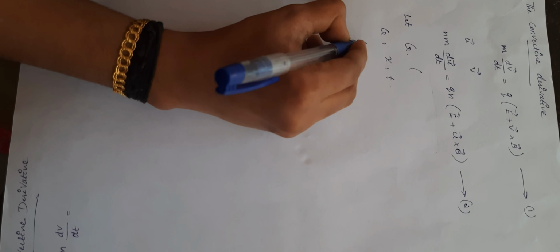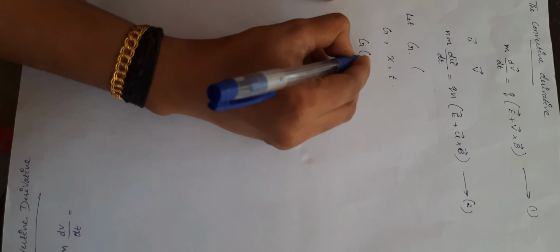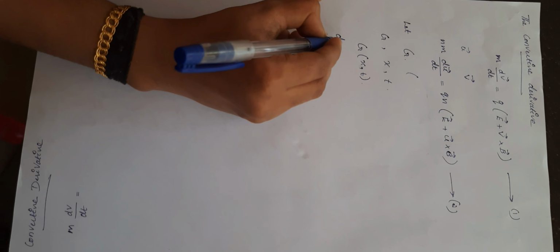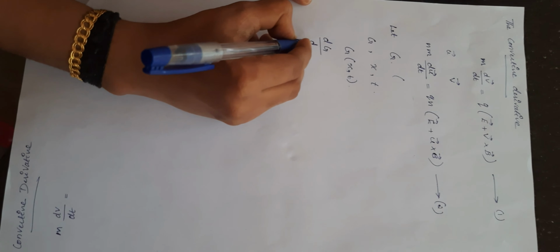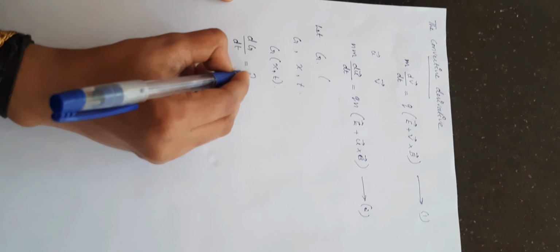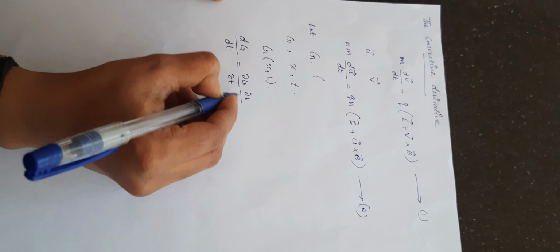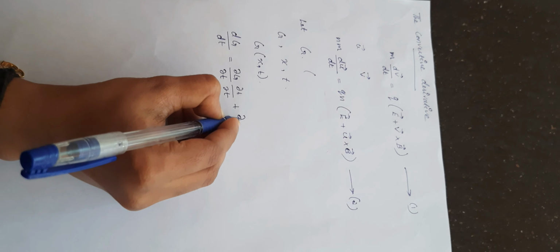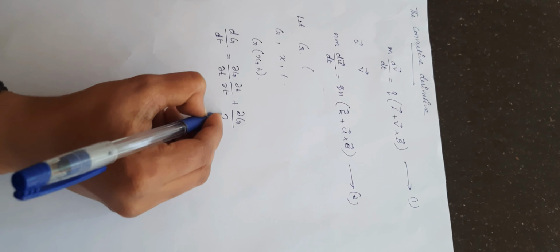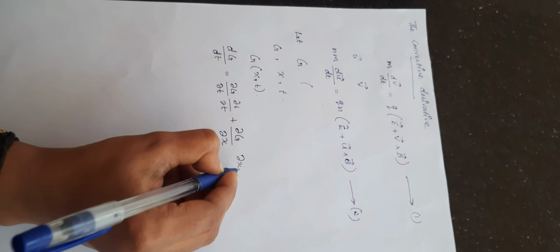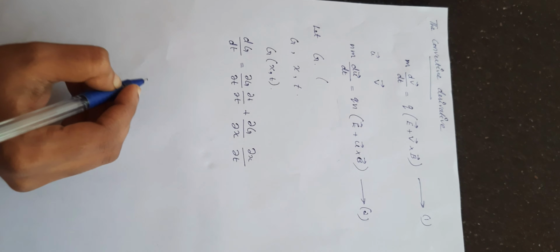Then the derivative dG by dt equal to dou G by dou t into dou t by dou t plus dou G by dou x into dou x by dou t.